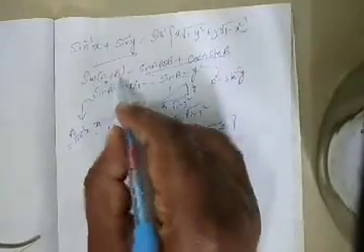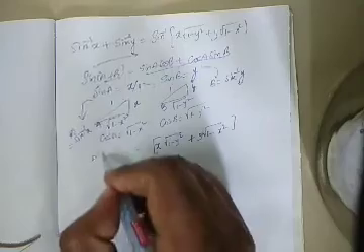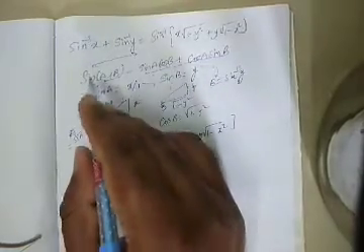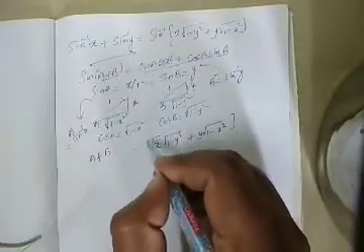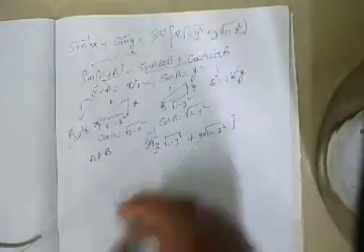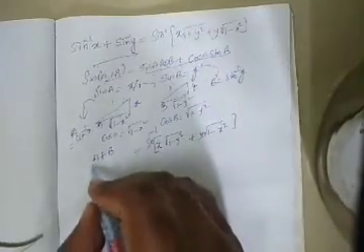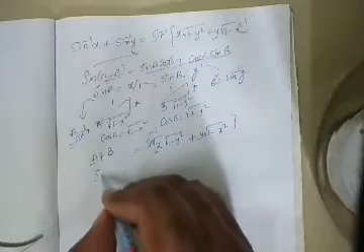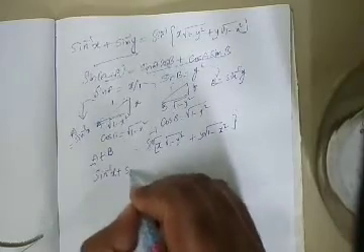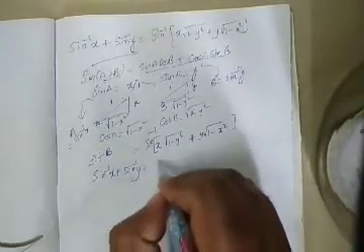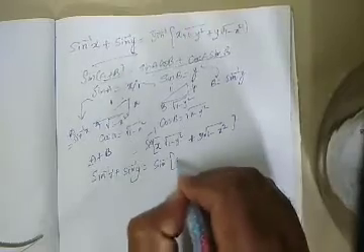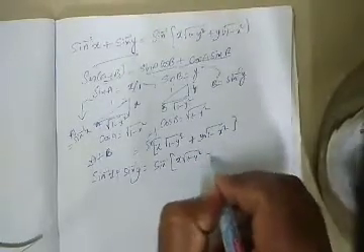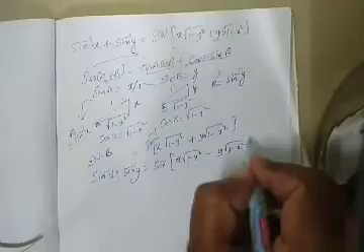Now angle A and angle B added, the sine going to the other side will become a sine inverse. So our formula is sine inverse x plus sine inverse y is equal to sine inverse of x root of 1 minus y square plus y root of 1 minus x square.